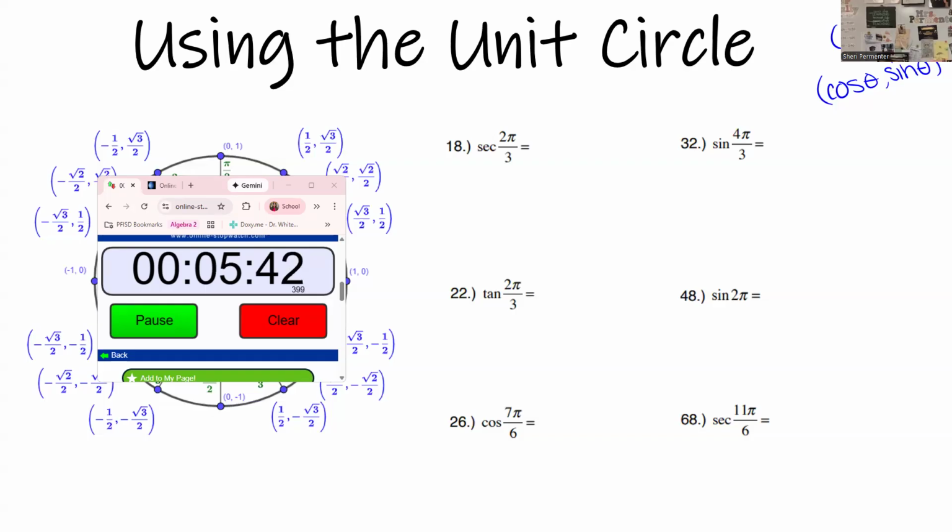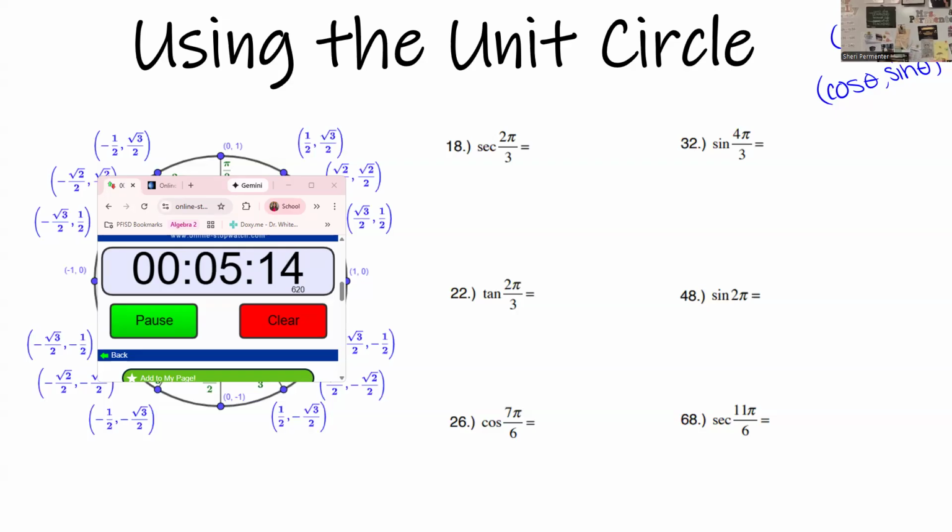Hold on, I have a unit circle. If you have to figure it out, you just have to remember that cosine is x and sine is y. So for this one, cosine of pi over 3, cosine is the first value, the answer is 1/2. Cosine is the first value, sine is the next value. For this one, pi over 2, I go up to pi over 2.